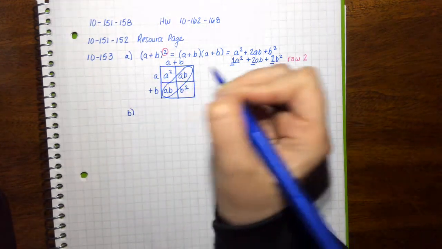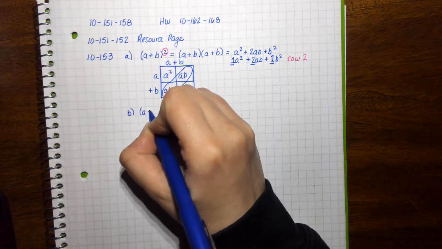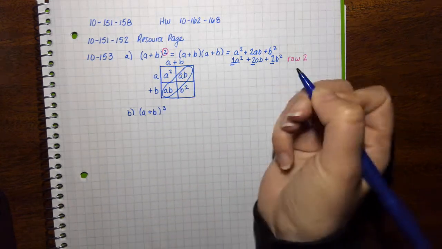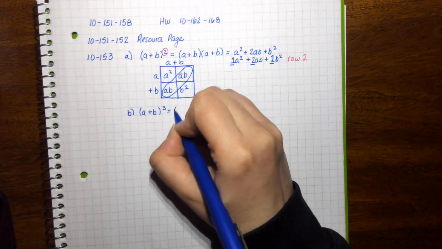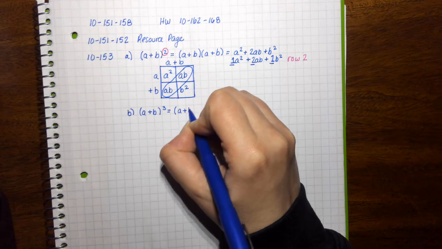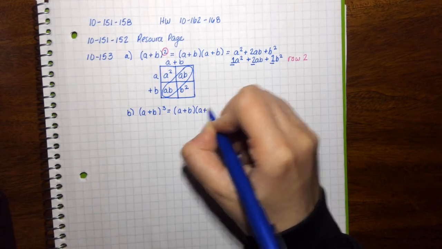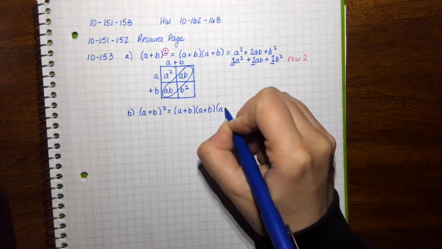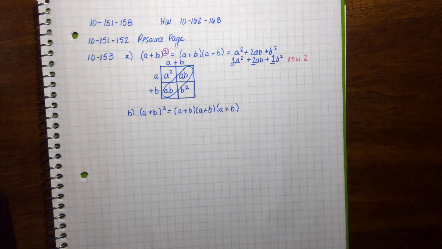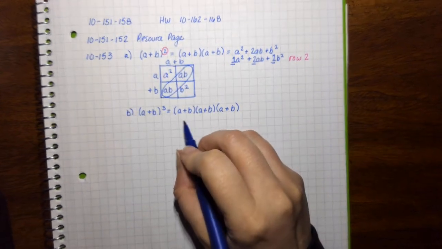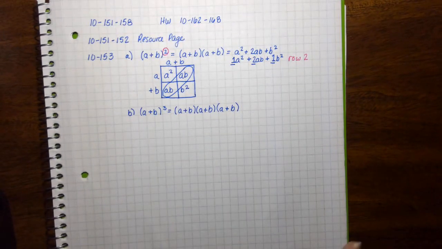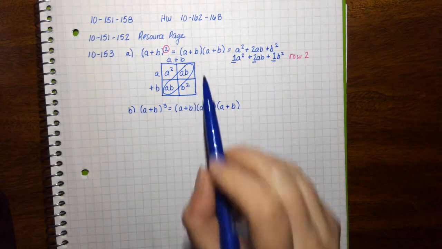Okay, (a plus b) cubed. So I'm going to do this box style one time so that you can see I'm not making stuff up with Pascal's triangle. You can see it works. Okay, so for this one, what I'm going to do is cheat a little bit.